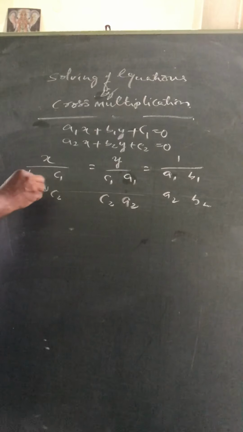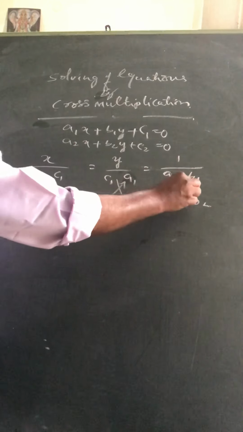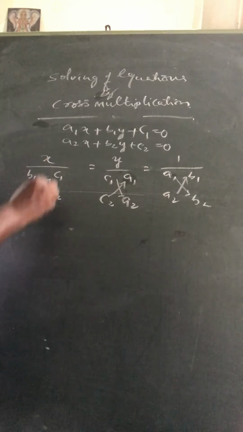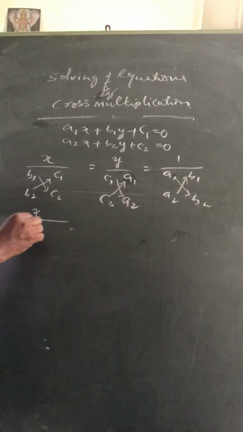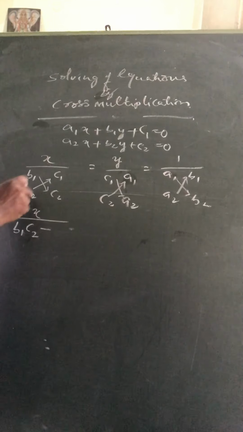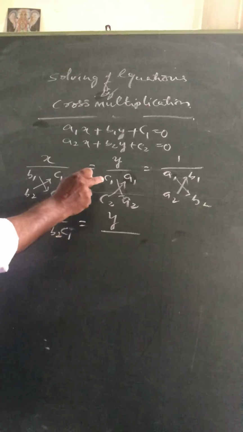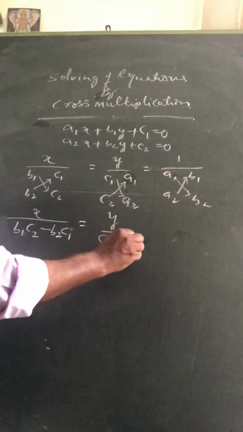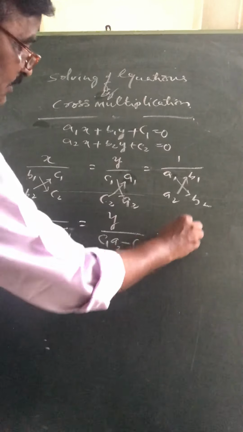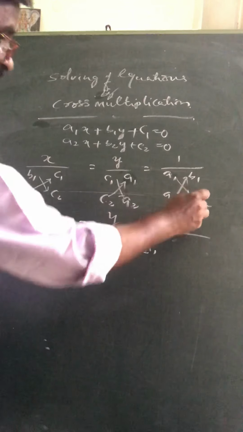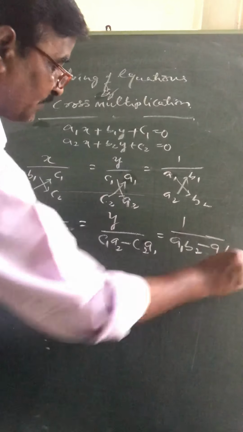These coefficients we have to multiply and find the product diagonally. Now this is x by b1 c2 minus b2 c1 is equal to y by c1 a2 minus c2 a1 is equal to 1 by a1 b2 minus a2 b1.